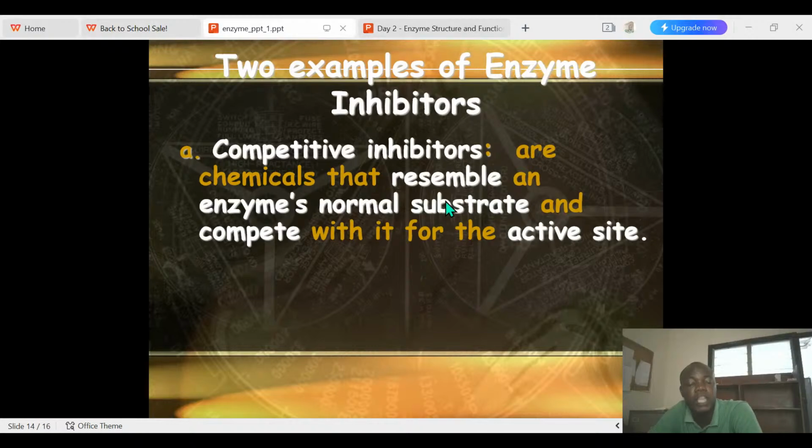If the inhibitors bind to the active site, there is no active site for the substrate to bind, so there will be no catalysis. Most of the drugs that are discovered and generated in the pharmaceutical industry are competitive inhibitors.